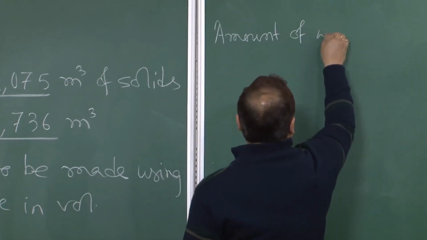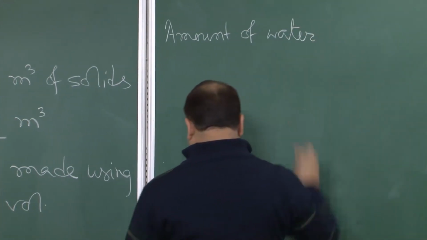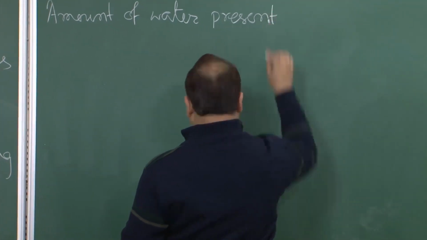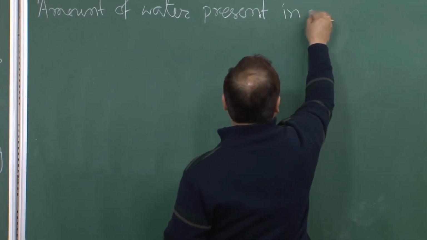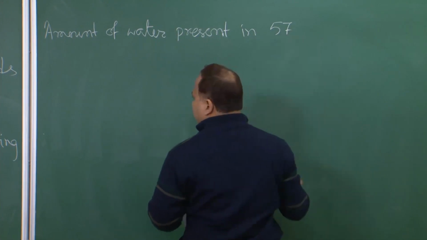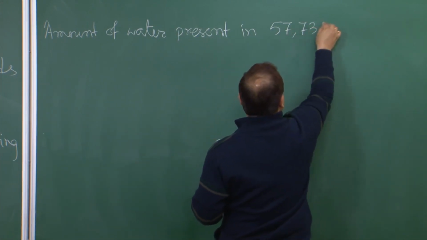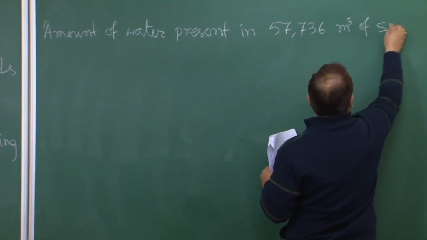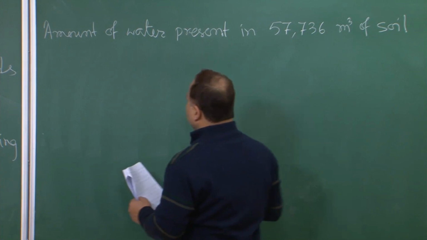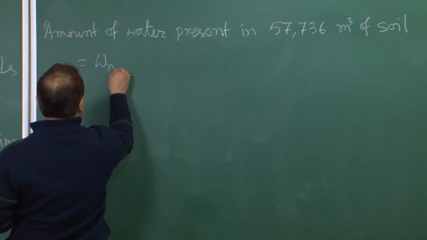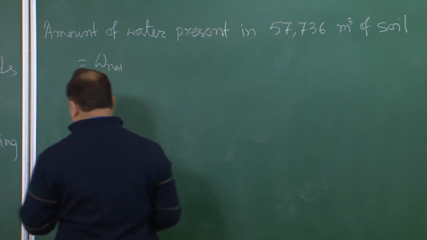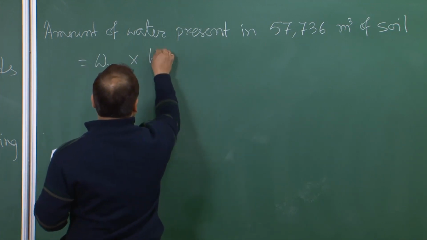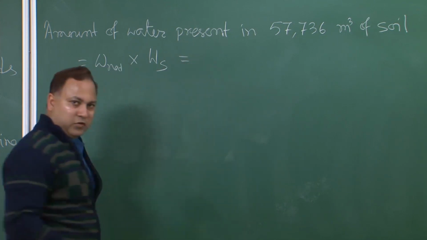Okay. Now the amount of water present in 57,736 meter cube of soil is equal to small w natural, that is the natural water content at borrow area A, multiplied by the weight of solid, right.